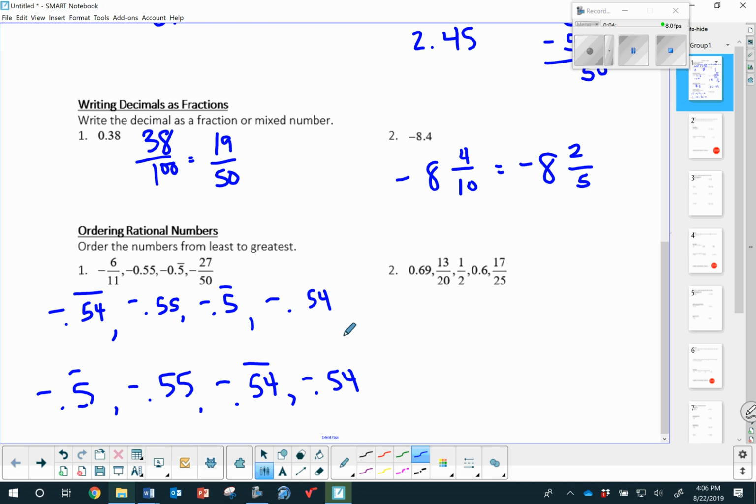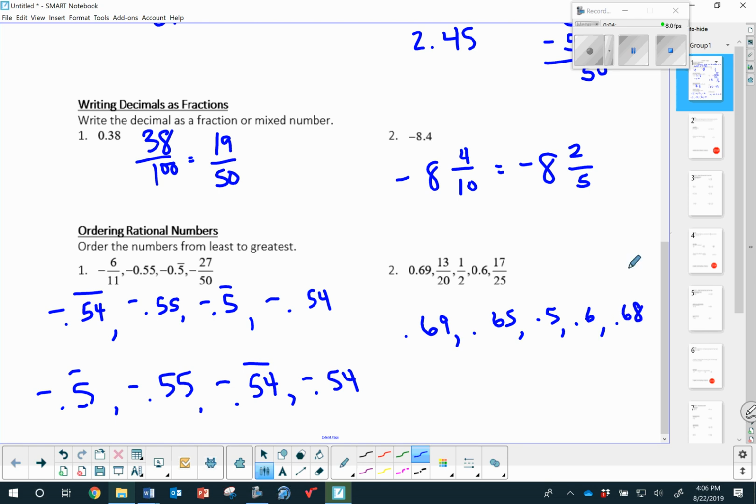All right, we're going to do the same thing with number 2. 0.69. Then I have 13 twentieths would be 0.65. 1/2 we know is 0.5. Then we have 0.6. 17 25ths equals 0.68.